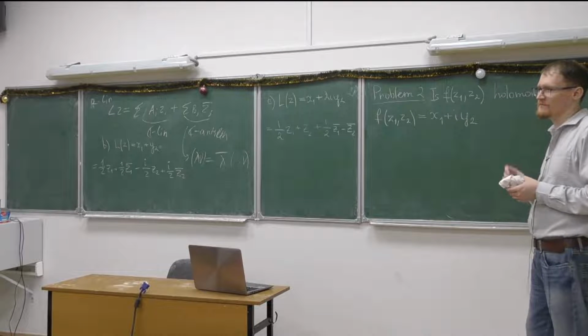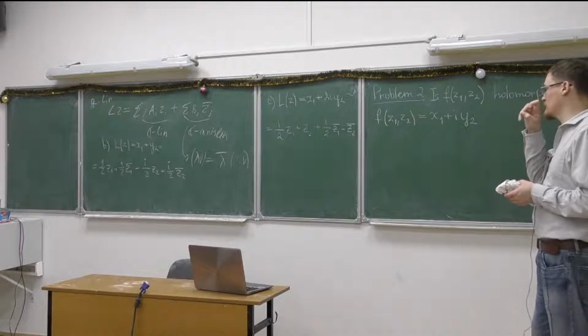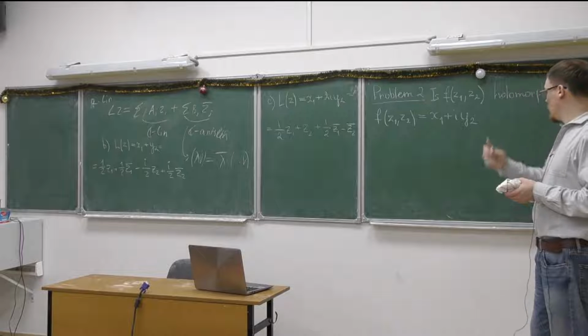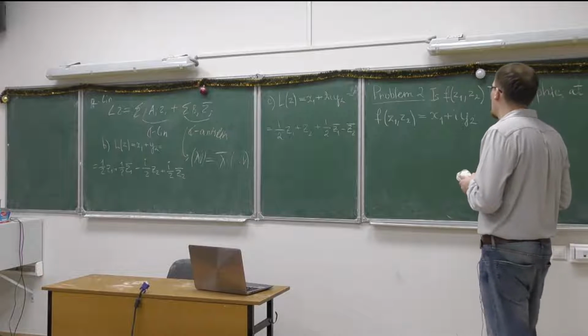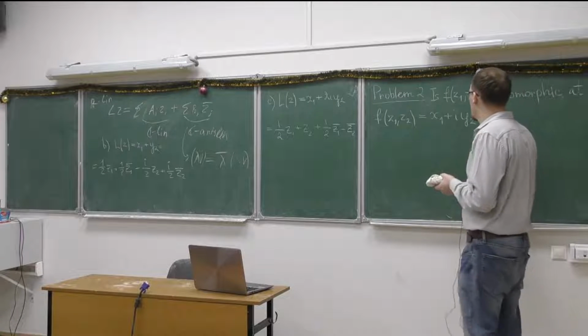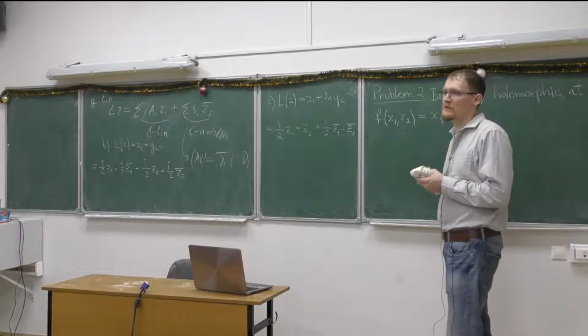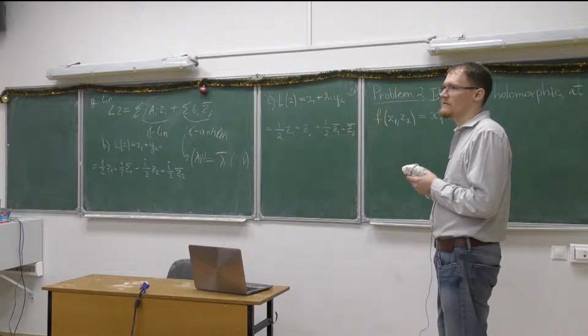We're supposed to check the Cauchy-Riemann equations. Oh yeah. Well, we know how this function looks, as z conjugate.